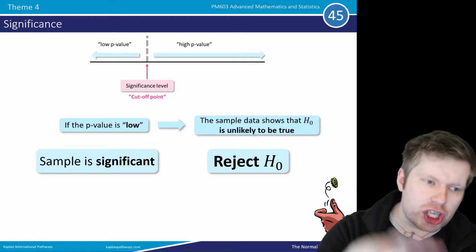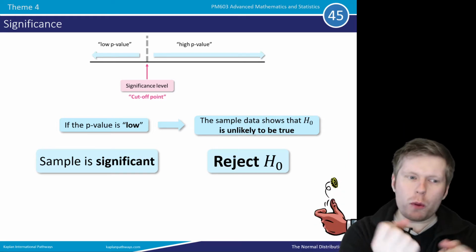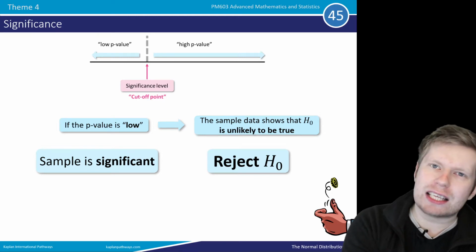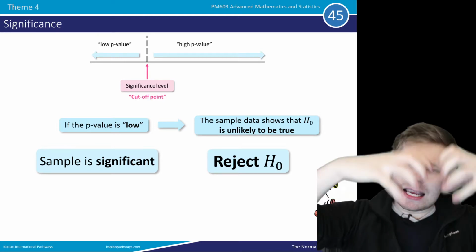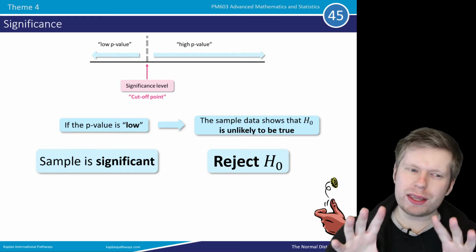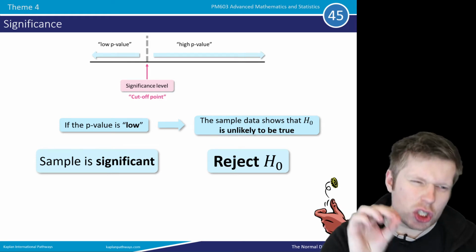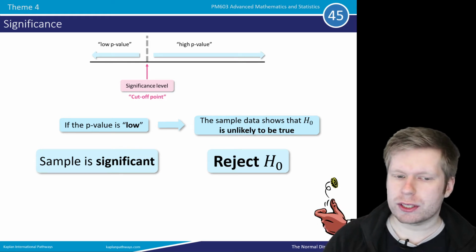In other words, we can reject that null hypothesis. We're saying, look, there's enough evidence here because we have a low p-value. That p-value, the probability of obtaining that sample if the null hypothesis is true, is low enough to say, actually, something sounds quite fishy here. It's probably the case that that null hypothesis, in other words, the coin being fair, is not true. So we reject the null hypothesis, okay?